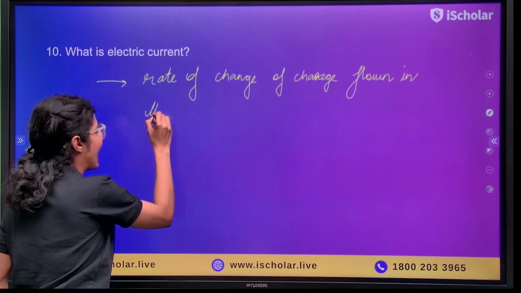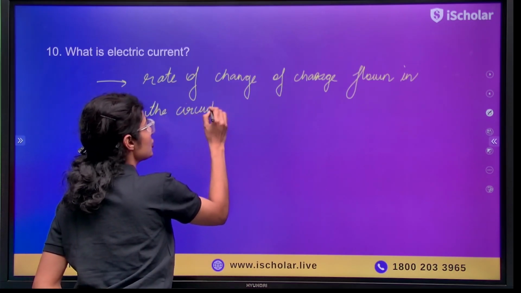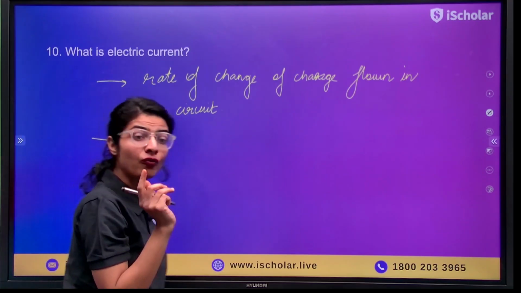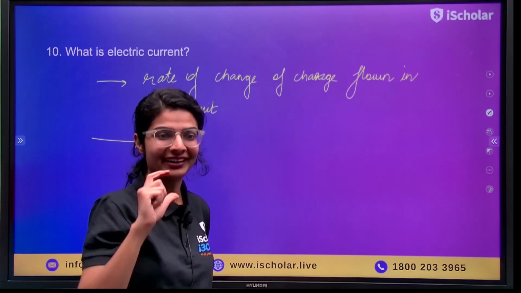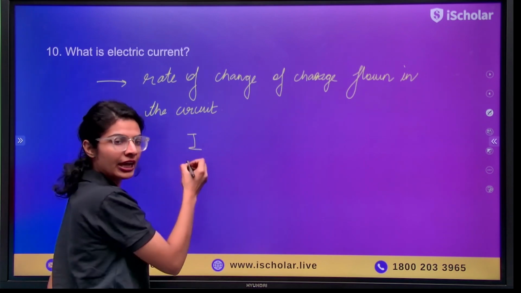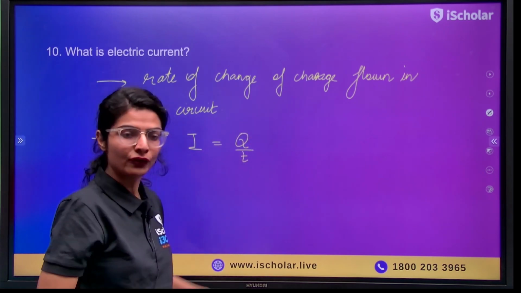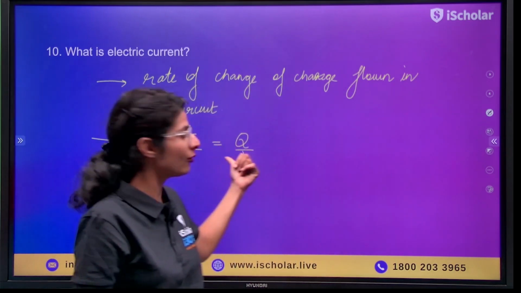Now, after you write the definition, the next thing you should write is the formula. That's the key point. Write the formula, whatever it is. For example, here we'll have current is equal to charge per unit time. So first I wrote the definition and then I wrote the formula.